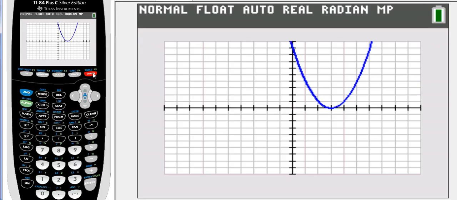Okay, what's going to happen is it's going to show you a parabola like that when really the parabola is not the right answer, okay? This half of the graph can't exist. And the reason it can't exist is this.